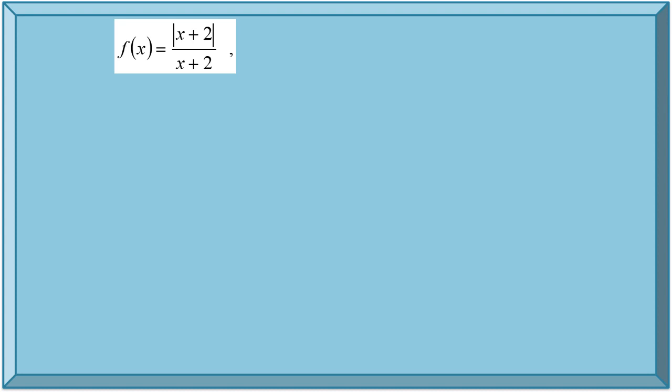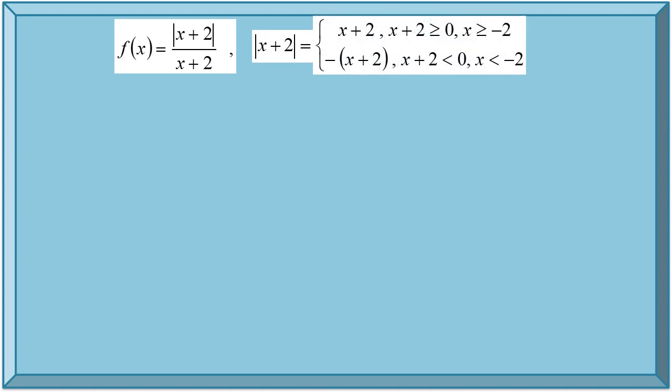Okay, so first we define it. f(x) is equal to absolute value of x plus 2 all over x plus 2, right? To define this, absolute value of x plus 2 can be divided into x plus 2, for x plus 2 more than or equal to 0, meaning x should be more than or equal to negative 2, and negative of x plus 2, for x less than negative 2.